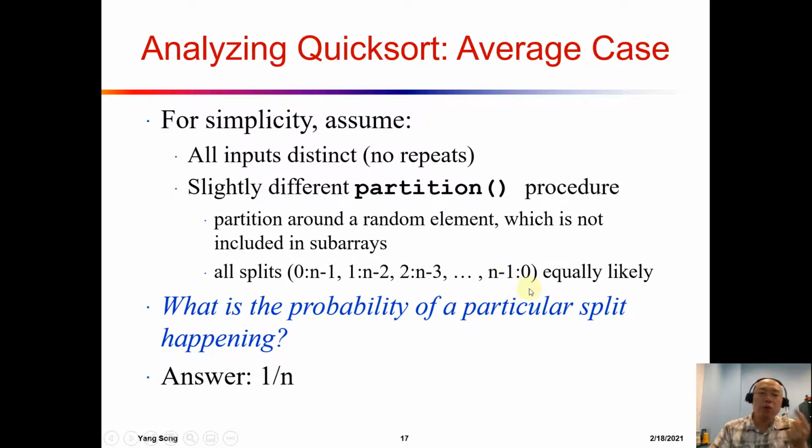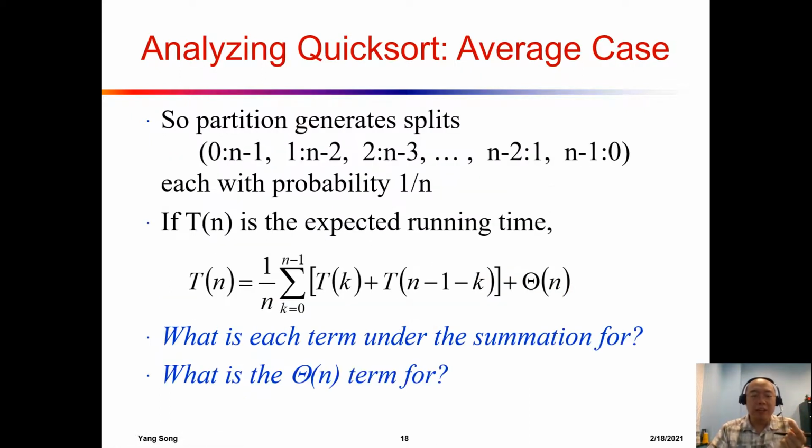For those two, when k is 0, we have T0 and T(n-1) as one of the possible partitions. And on the other side, when k is n-1, we have T(n-1) plus T0. For those two things, we just count them twice.